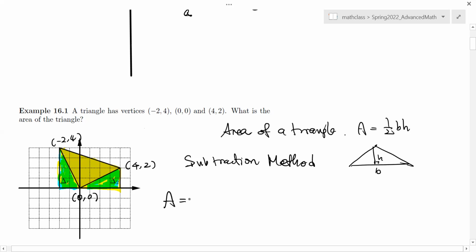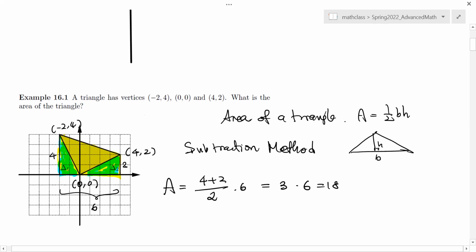How do you find the area of the trapezoid? This side has length 2, the other side has length 4. It's 4 plus 2, the average value, times the height, and from here to here it's 6, so times 6. Then it's 3 times 6, which is 18. So that's the area of the trapezoid.